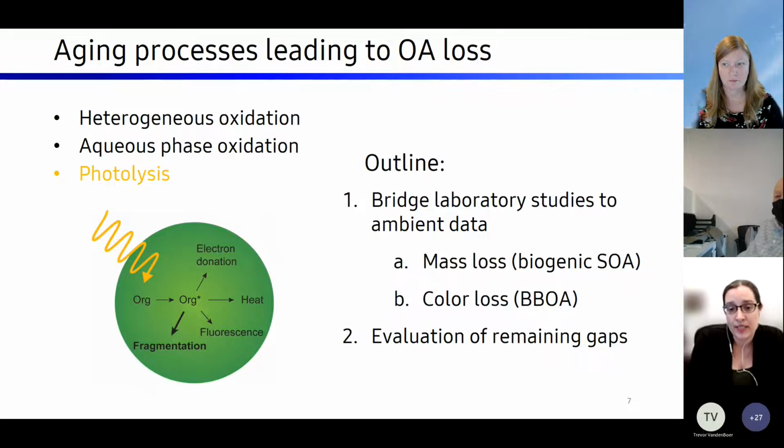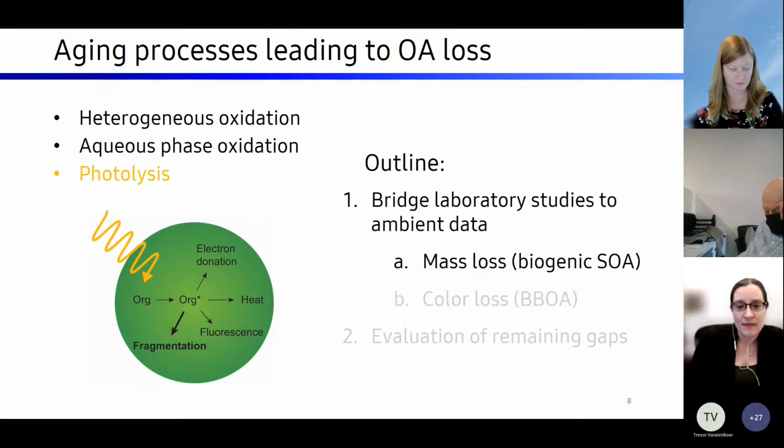The first one is going to be looking at biogenic secondary organic aerosol, and I'll be focusing on mass loss that is occurring with photolysis. The other one that I'm going to be focusing on is biomass burning organic aerosol. And for that one, there'll be a little bit of a shift, and we'll be looking at color loss as a mechanism for thinking about the change. And then at the end, I'll bring this together and talk about the remaining gaps and the next steps that I think we want to target to better understand these questions.